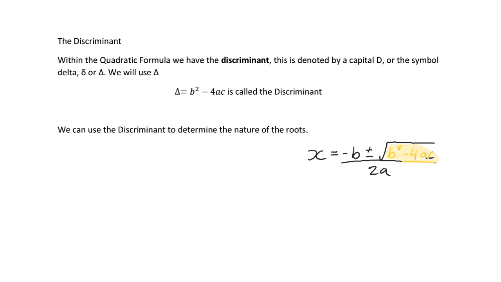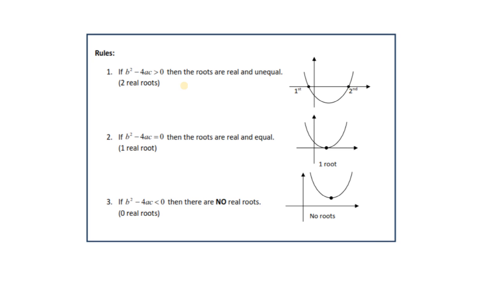What do we use it for? Well, we use the discriminant to determine the nature of the roots of a parabola. So what do we mean by determine the nature of the roots? Well, if you think back to when you were sketching parabolas, you know that the roots are where the parabola crosses the x-axis.